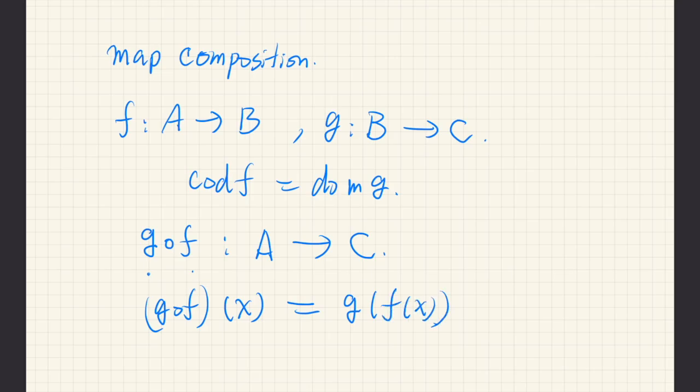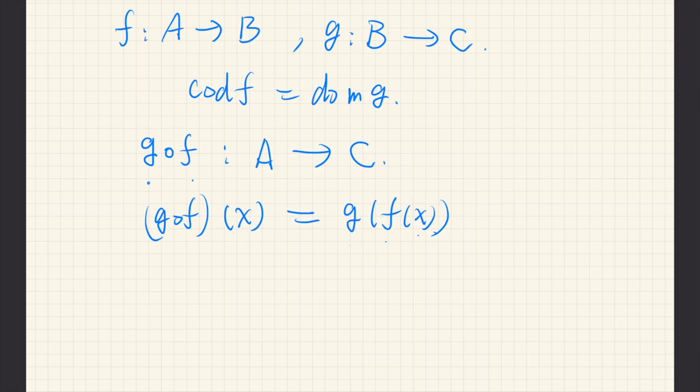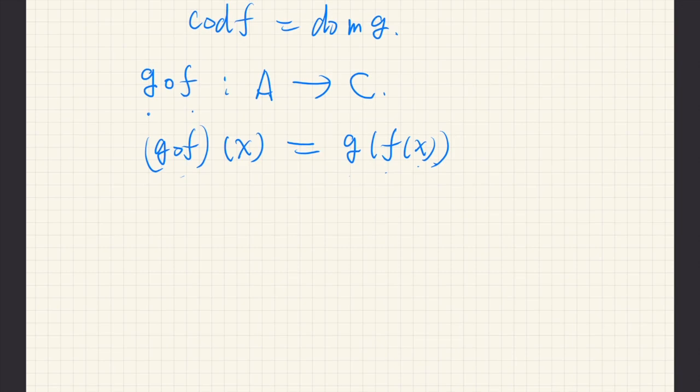So it's very simple. First, we apply the map F to X. Then to the result of that, we apply the map G. So this is called the composition of F and G. Okay, and graphically we can write like this.